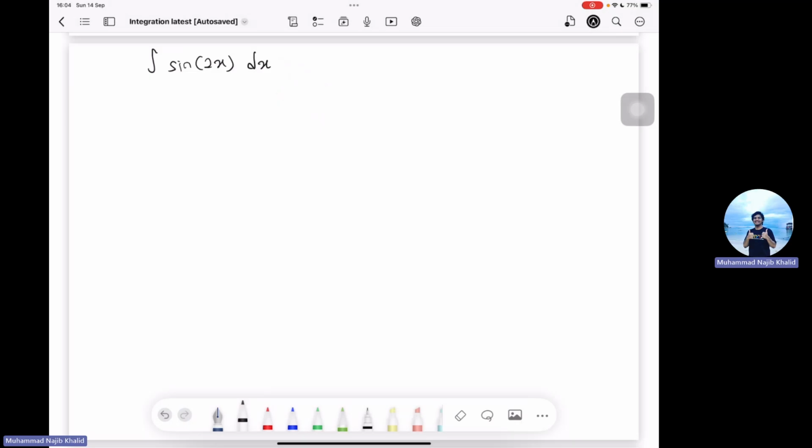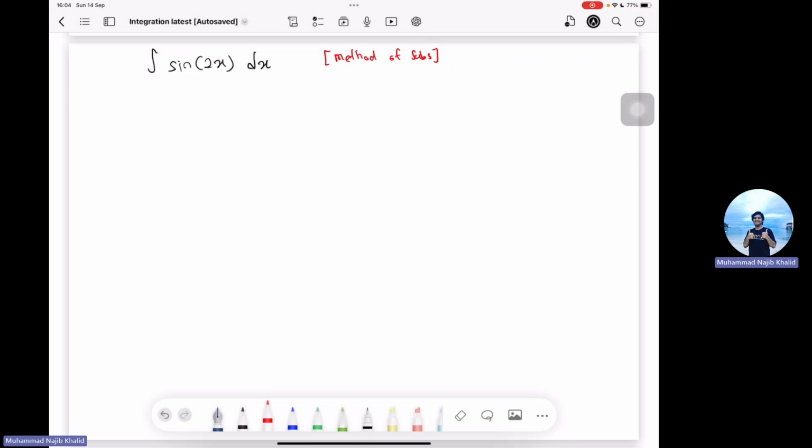We have one trigonometric function, which is sine 2x. Now we apply back what we learned last video, which is integration using the method of substitution.